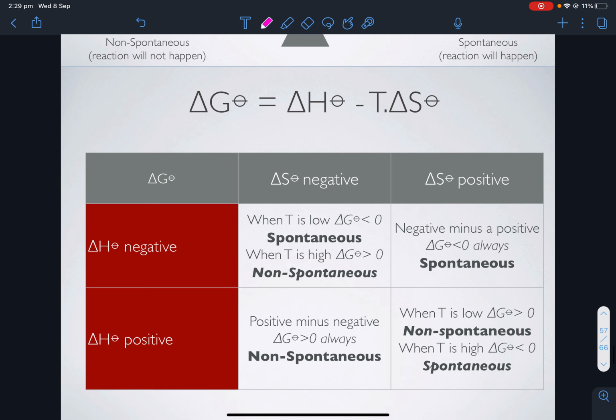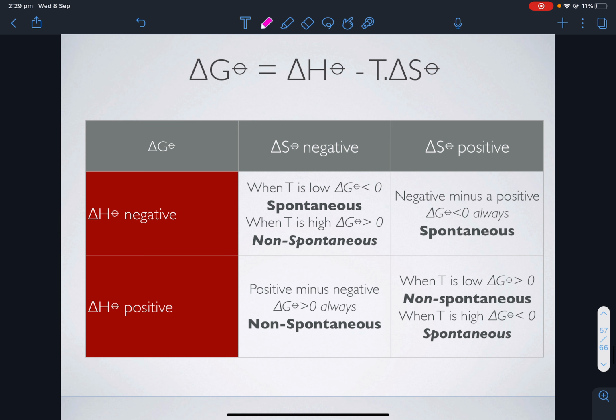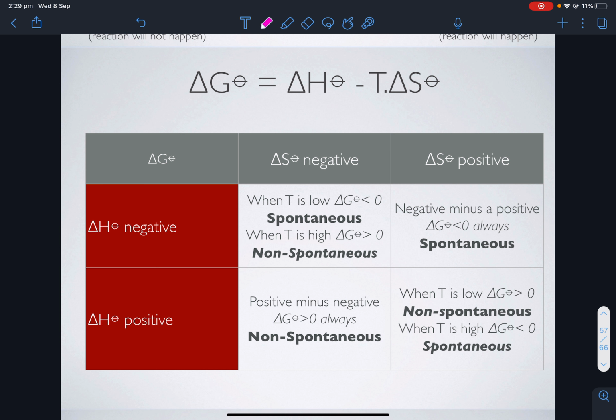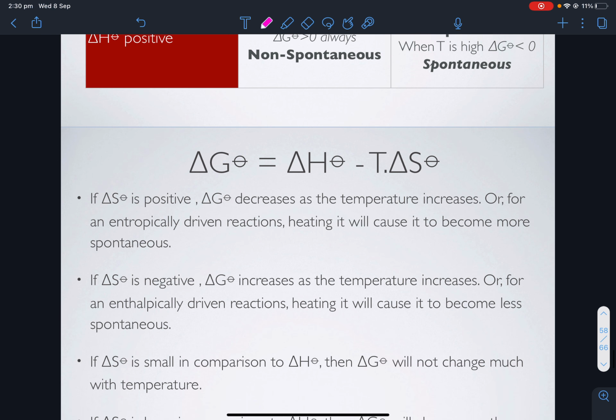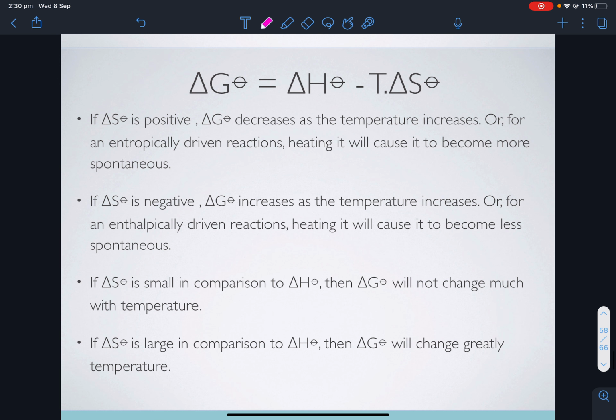I think that's just another summary of what we've been talking about there. And here it is in words. So if entropy is positive, it's entropic drive, and so Gibbs free energy decreases or gets more negative as the temperature increases.